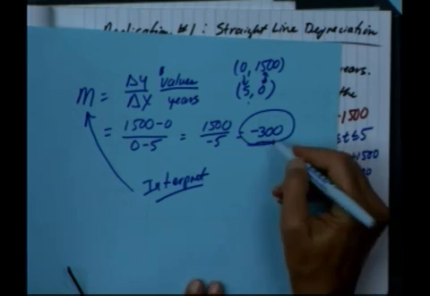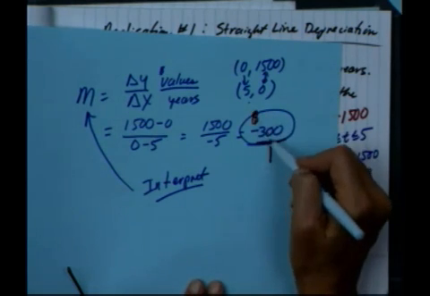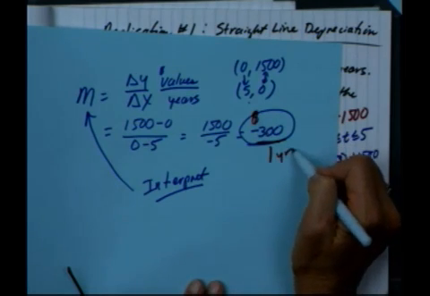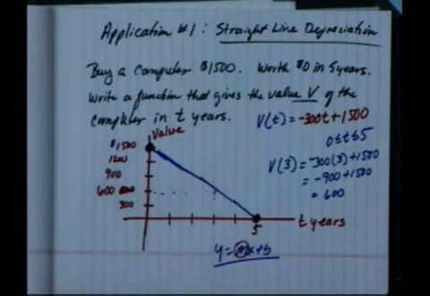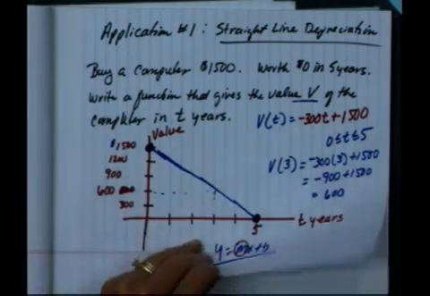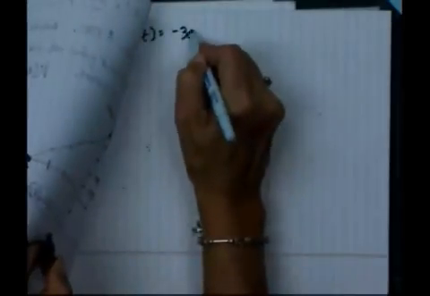Because you can think of that as negative 300 over 1, drops $300 per year. Everybody got it? Okay. Suppose the question asks you for this problem. Let me turn the page if I can. V of t equals negative 300t plus 1,500.